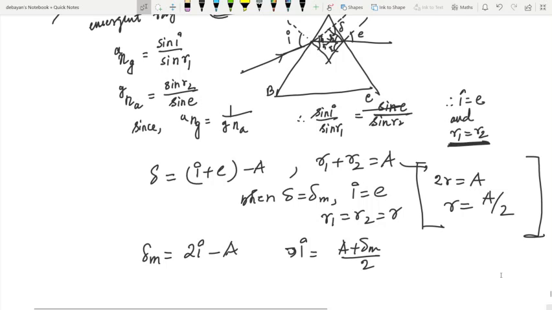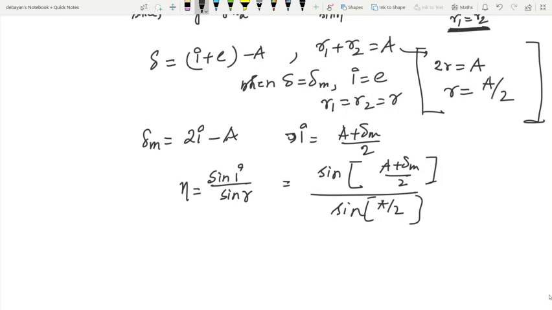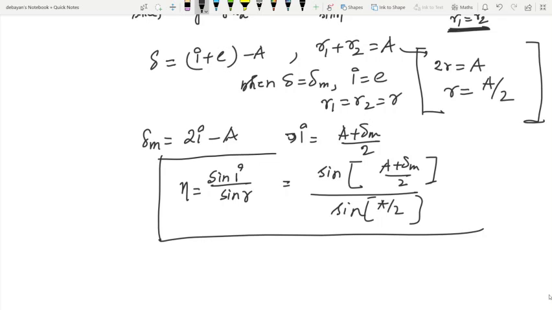So now from Snell's law, the refractive index is sin I by sin r, and if we put in these values, sin I is sin of (A plus delta m) by 2, and sin r is sin of A by 2. So with the angle of minimum deviation, the refractive index of the prism can be found by using this particular formula.